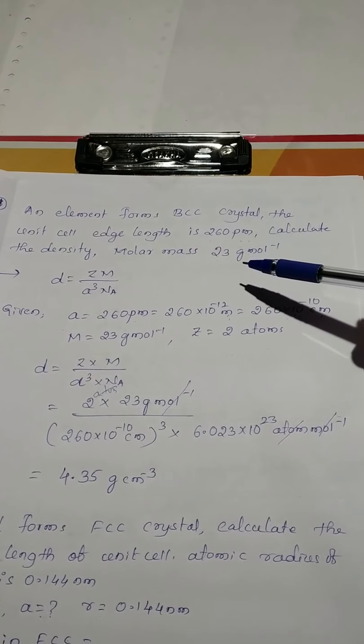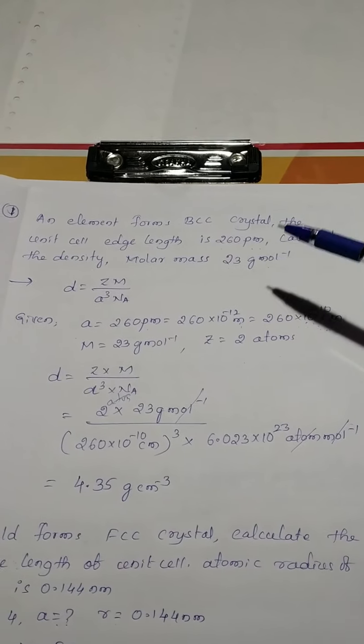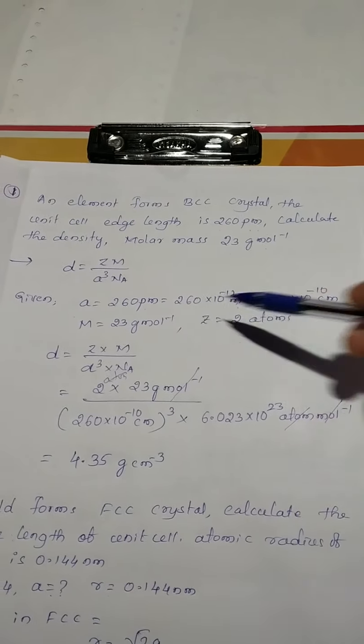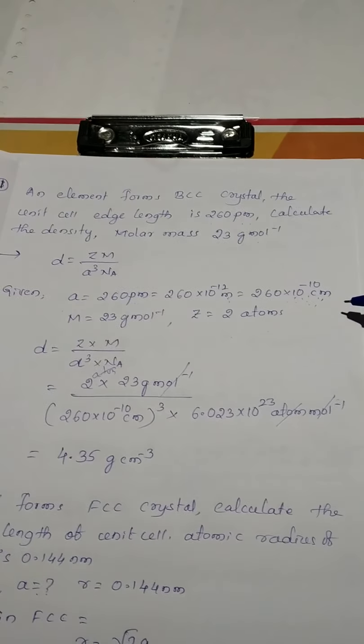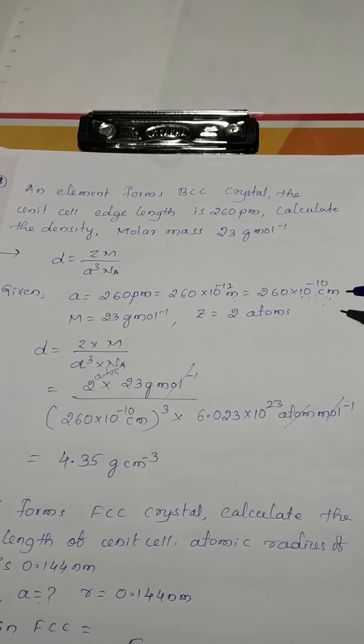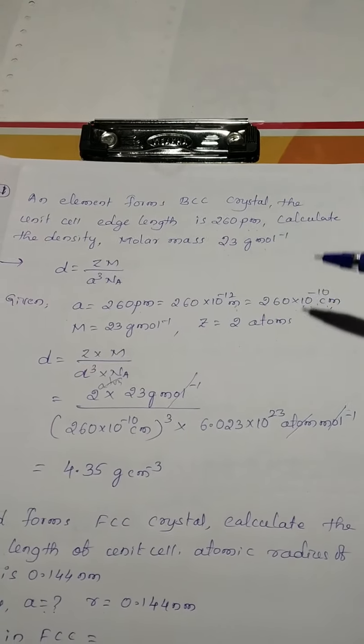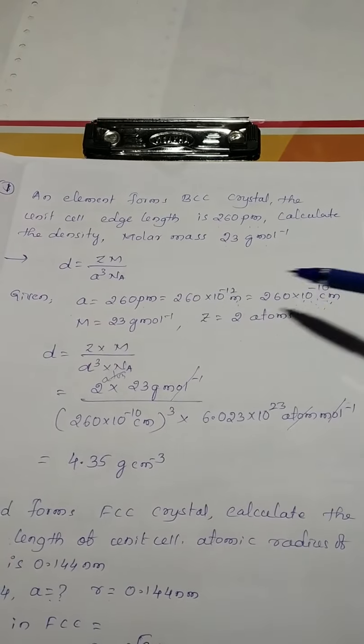If they have given mass in kilogram, then you have to convert length into meter only. So this is the concept. Here mass is in grams, so we converted length into centimeter.